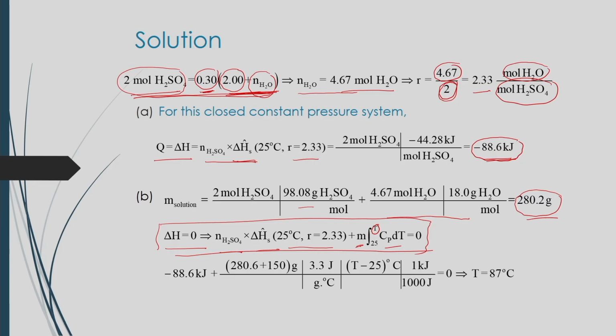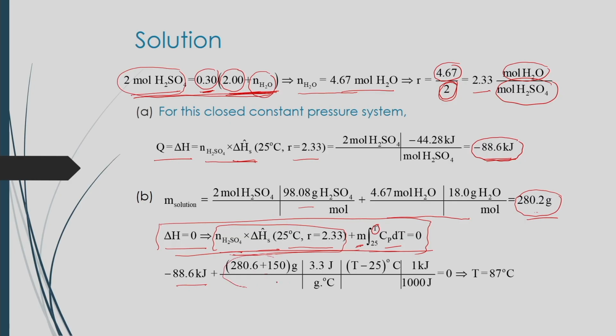So, after substitution, this enthalpy value is already calculated in part A. So, this is minus 88.6 kilojoules, and the mass M is calculated as 280.2 plus 150 grams, the extra water supplied for the dilution. For that you have to add it up.